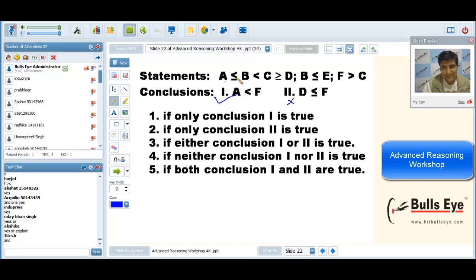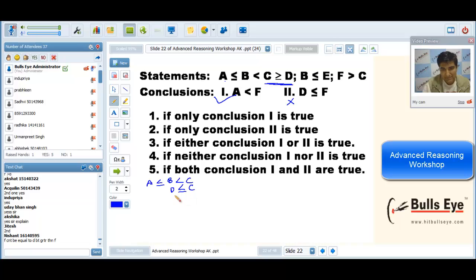It says A is less than equal to B and B is less than C. Now we have a different sign. C is greater than equal to D. Now what I can do is I can write it as D is less than equal to C, keeping the direction of the signs as same.